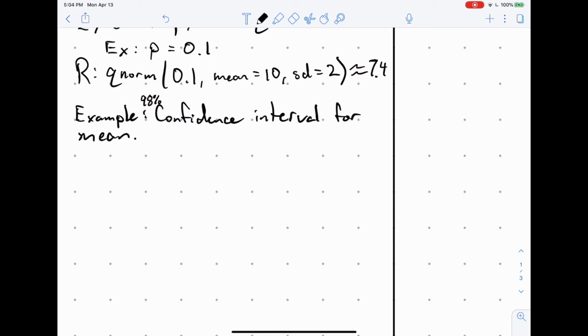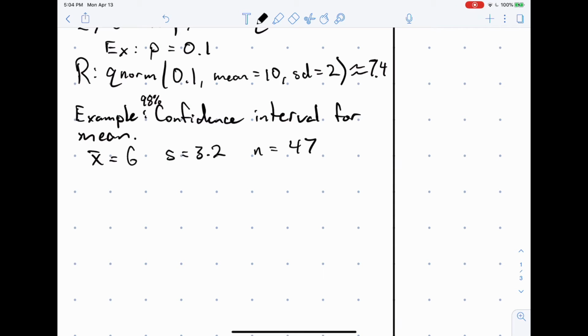So here's an example of using this technique to get a 98% confidence interval for the mean. This is simpler than doing the z-score method that your book recommends, but it's of course equivalent. It's exactly the same, just a little bit faster and easier. Suppose x bar equals 6, sample standard deviation is equal to 3.2, and n is equal to 47.